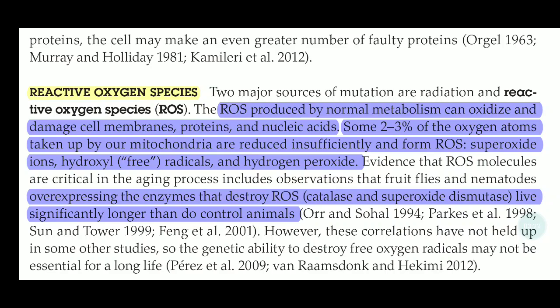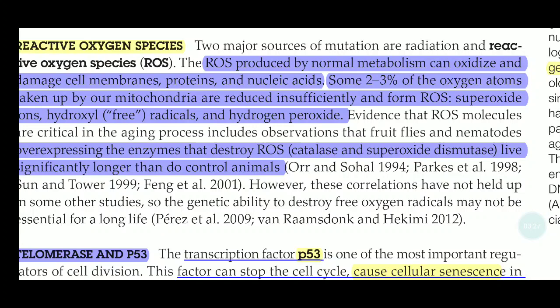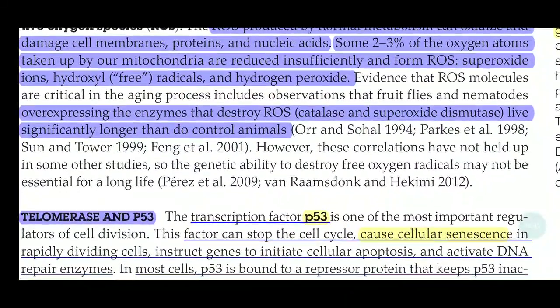So to minimize this, we need enzymes like your catalase, superoxide dismutase, glutathione, etc., which will minimize this reactive oxygen species in the cell, and thereby least affect those physiological functions, and the aging process will be slower.